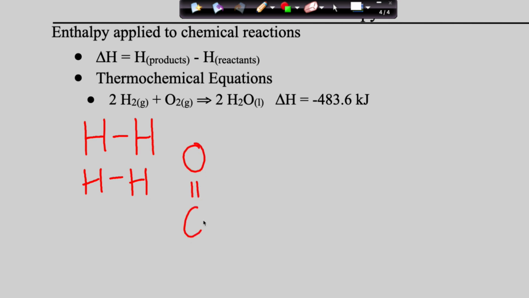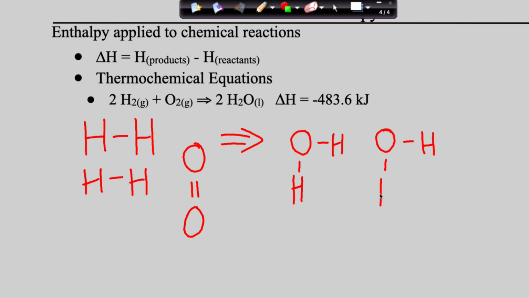I'll draw it vertically. I hope that's okay. We have 1 diatomic oxygen molecule. And then in our products, again, I'm being sloppy with valence electrons, we have 2 water molecules.